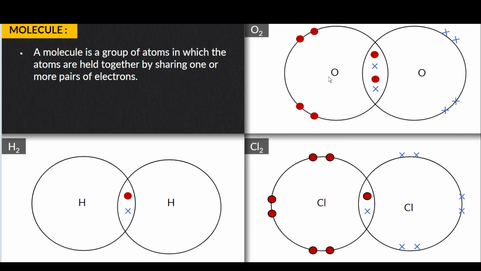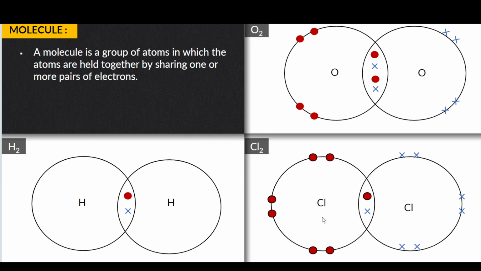What they do when they are chemically reacting is these two oxygens share two electrons. Basically a pair of electrons between these two atoms is shared, and that's how they make oxygen gas, which is O2, which we breathe in.